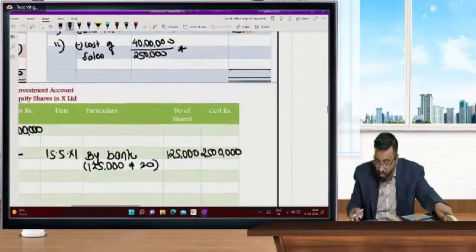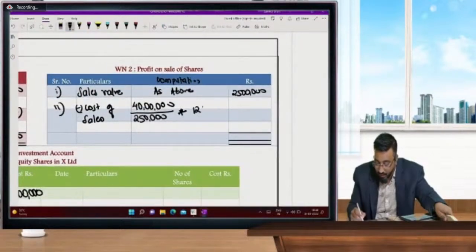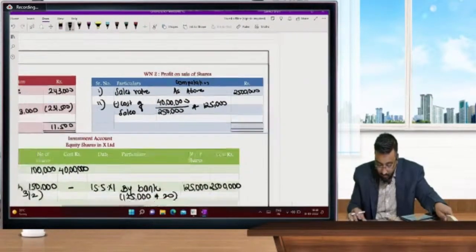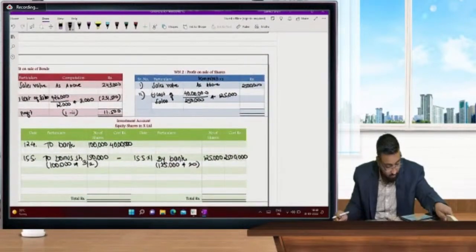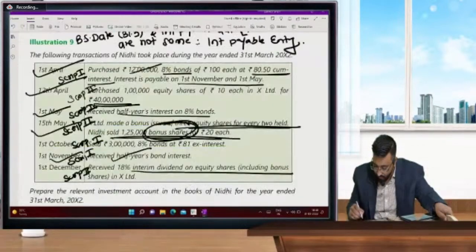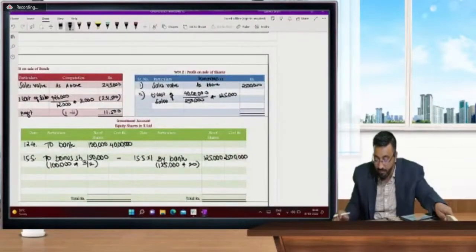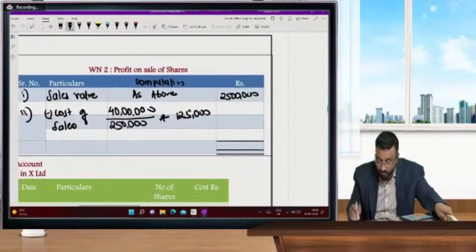How many shares sold? 1 lakh 25,000. 20 lakhs.